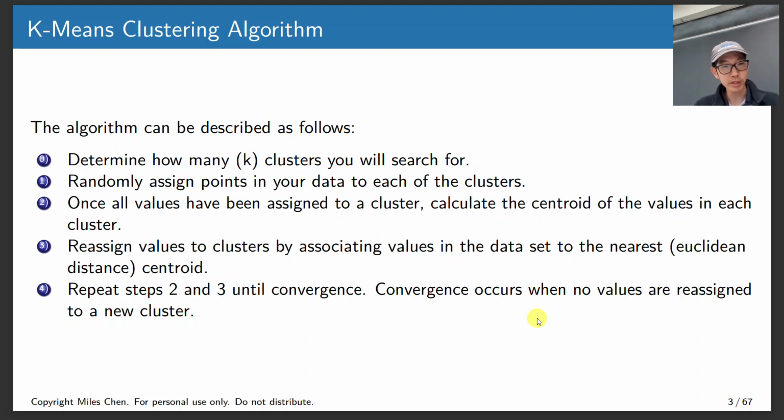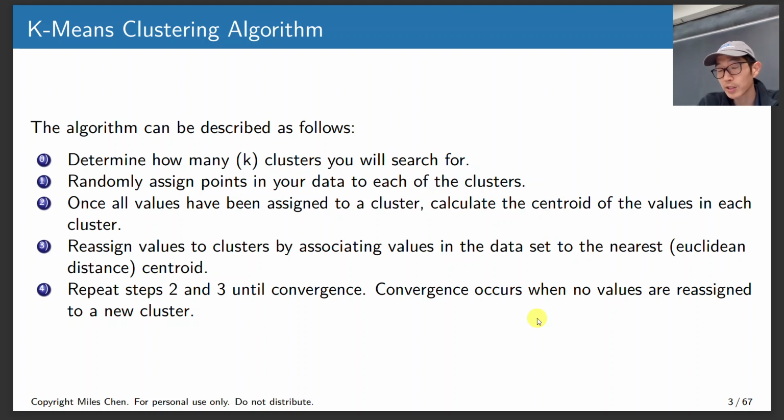Let's just review k-means clustering. We decide how many clusters, k, that we're going to look for, and then we use some kind of initialization method. Either we randomly assign points to the clusters, or we randomly select points to be the centroids of the clusters.